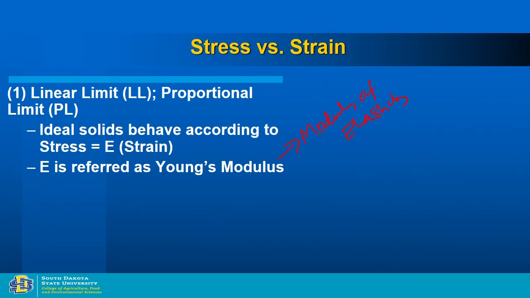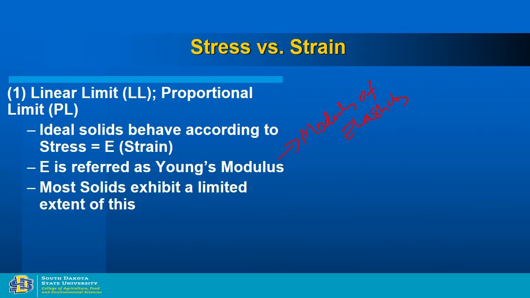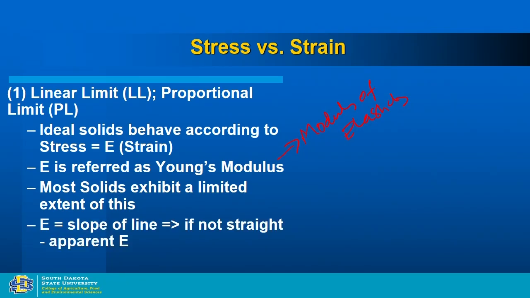It's just a modulus, meaning the ratio of stress over strain. Most solids exhibit this to a limited extent. If the curve is not straight, then you call it the apparent modulus, because we are assuming our material is elastic in that region. So you can call it the apparent elastic modulus.